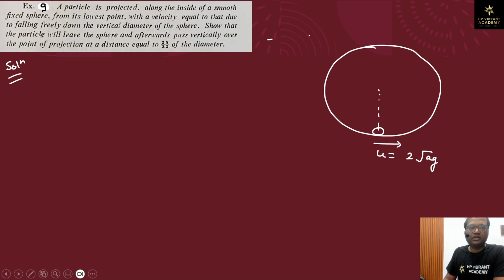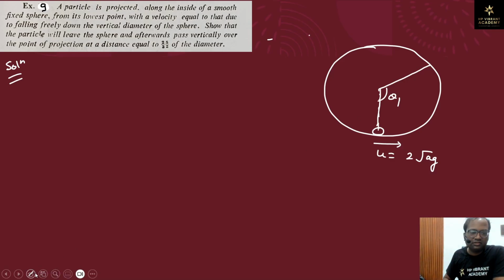Particle is projected along the inside of a smooth fixed sphere from the lowest point with a velocity equal to that due to falling down the vertical diameter. We have to show that the particle will leave the sphere and afterwards pass vertically over the point of projection at a distance equal to 25 upon 3a of the diameter. So suppose the particle leaves the sphere at an angle theta 1.